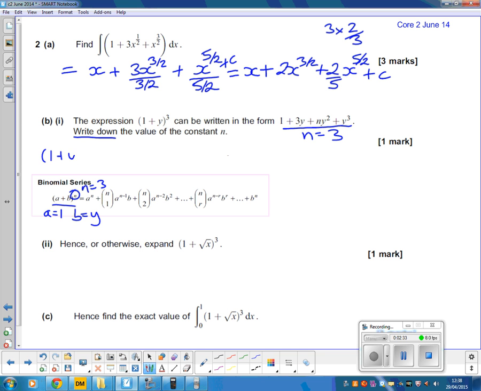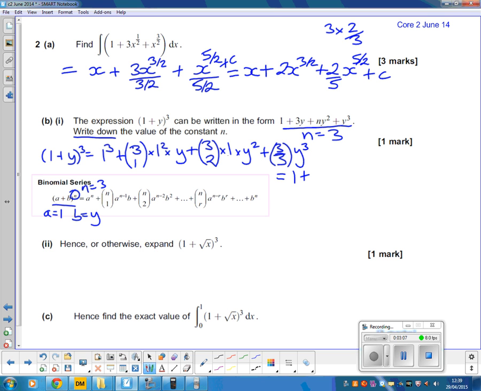So (1 + y)^3 is 1 cubed plus 3, remember this is 3C1 on your calculator, times 1 squared times y plus 3C2, so the number goes down, power goes down on a and goes up on whatever b is, and then we get to the point where it's 3C3, a to the power of 0, b to the power of n, which is b cubed, and then we can simplify that. So 1 plus 3y plus 3y squared plus y cubed.